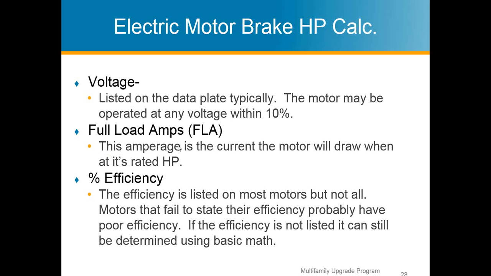Full load amperage is basically how many amps the current of the motor will draw when it's at its rated horsepower. Percent efficiency: efficiency is listed in most motors, but not all. Motors that fail to state their efficiency probably have poor efficiencies and don't want to show it. If it's not listed, it can be determined through basic math, and you can look those things up.